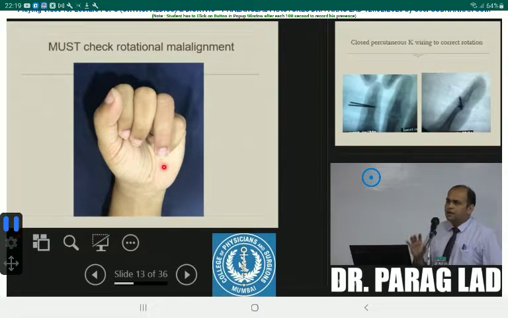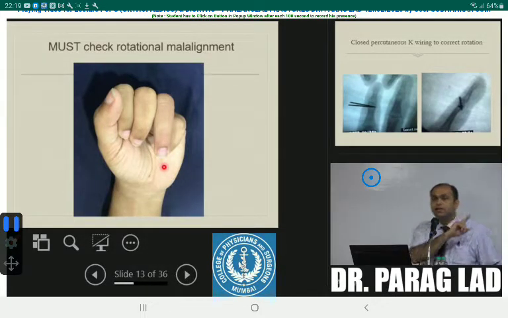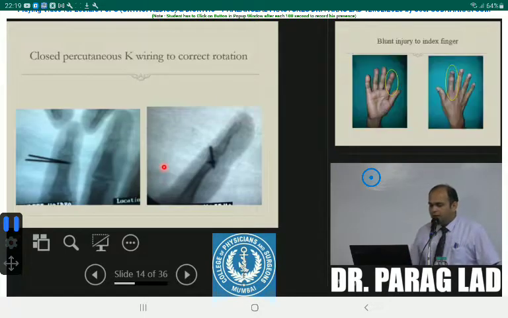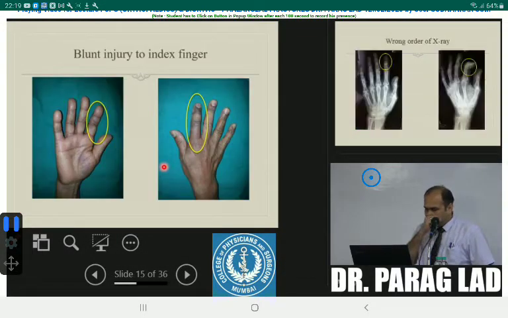You understand? So however undisplaced the fracture is, you have to look for rotational malalignment. This is completely rotationally malaligned, and then we fix it with simple 2K wires. And then the rotational deformity is completely corrected.